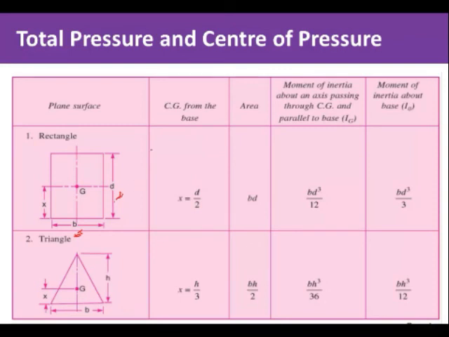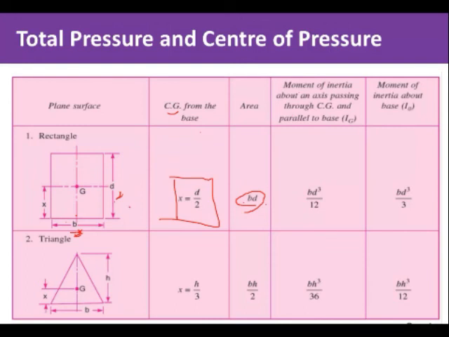The location of center of gravity from the base is at a distance of d by 2, so remember x equals d by 2. Then the area of this rectangular surface is breadth into height, that is b into d.